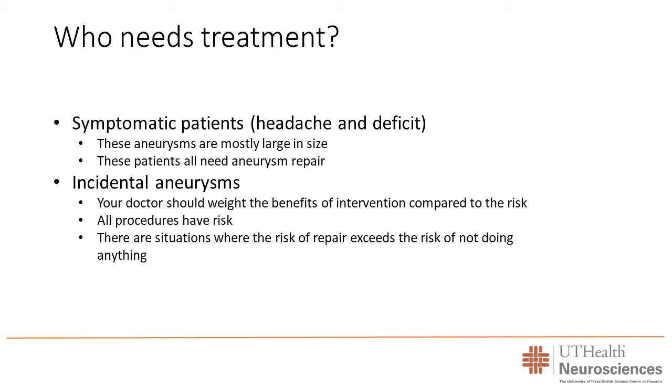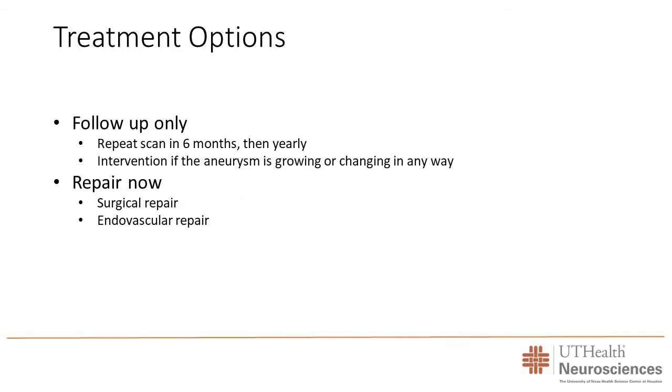And if the risk of the procedure, which at a minimum is about 5% of complications and can increase depending on the location and size of the aneurysm, if that risk is higher than the risk of doing nothing or just watching it, then it doesn't make much sense, rational sense, to go ahead and put you through a procedure.